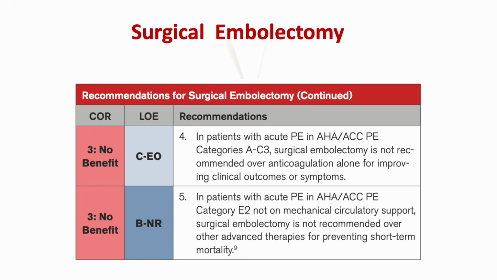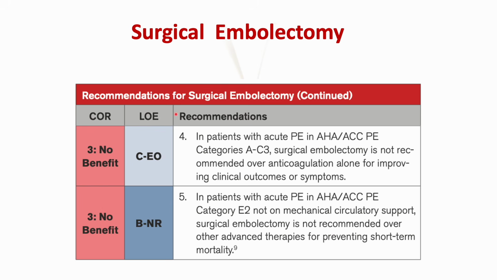Coming to the third advanced reperfusion option, which is surgical pulmonary embolectomy. Now, unlike catheter based therapy, this is surgical. So, it will be an open surgery. We are trying to remove the thrombus directly from the pulmonary artery. It's invasive, so you can only do it in a carefully selected patient group. But look at the level of recommendations.